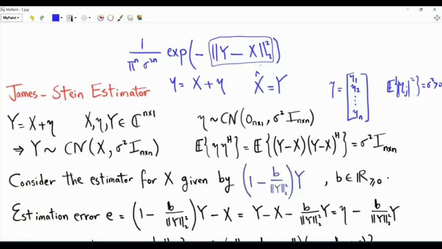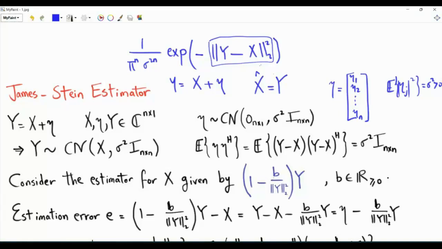So the point of the James-Stein estimator is that we can construct an estimator that is biased. However, the mean squared error of that estimator is strictly, and we will prove this, smaller than the mean squared error of the maximum likelihood estimate.